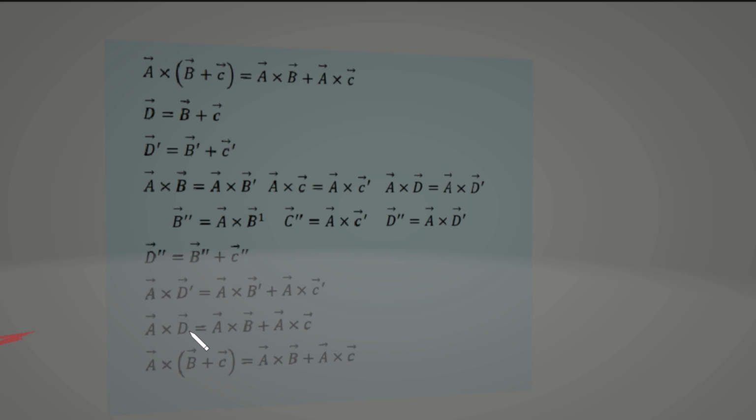Let us take the right hand side of the expression. Now come to A bar cross D bar. D bar is nothing but B bar plus C bar. Therefore, the left hand side of the distributive law, A bar cross B bar plus C bar, is equivalent to the right hand side, which gives A bar cross B bar plus A bar cross C bar.